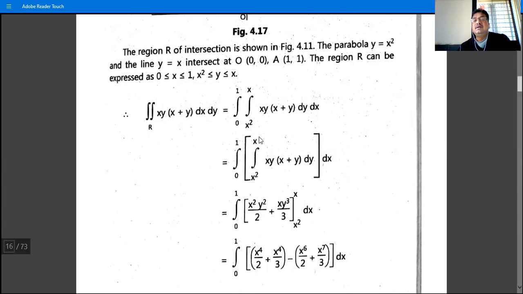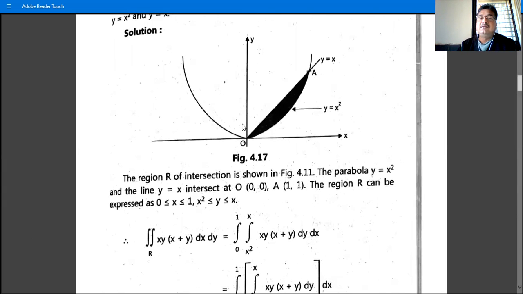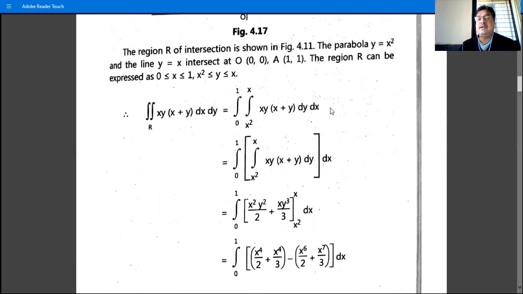So if this is the given integral and the question is to change the order, what is its answer?